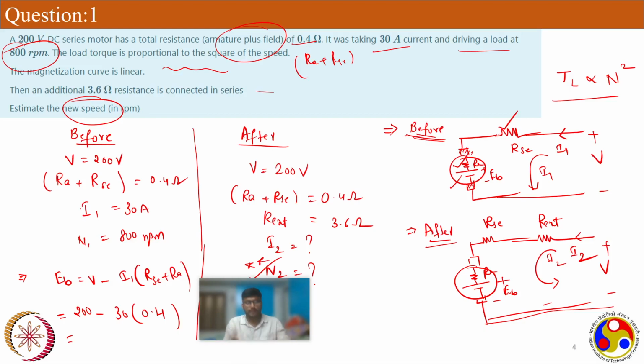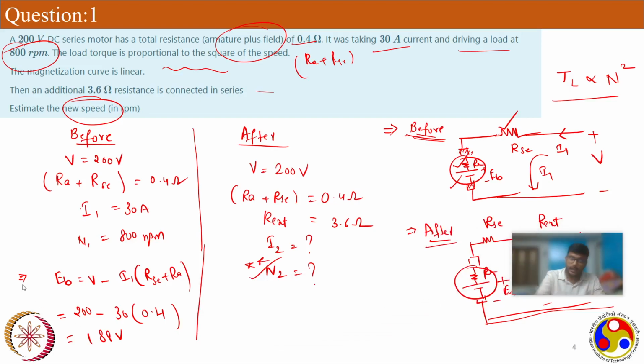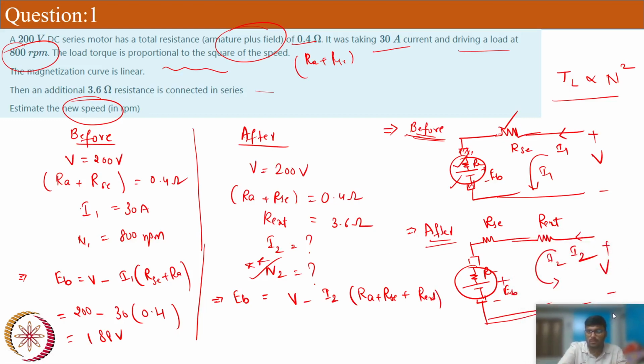188 volts. Correct. But if you want to calculate EB in the after case, let's see, do we know all the parameters or not? I2 times what is the total resistance? RA plus RSE plus R external. That is the total amount of resistance present here.